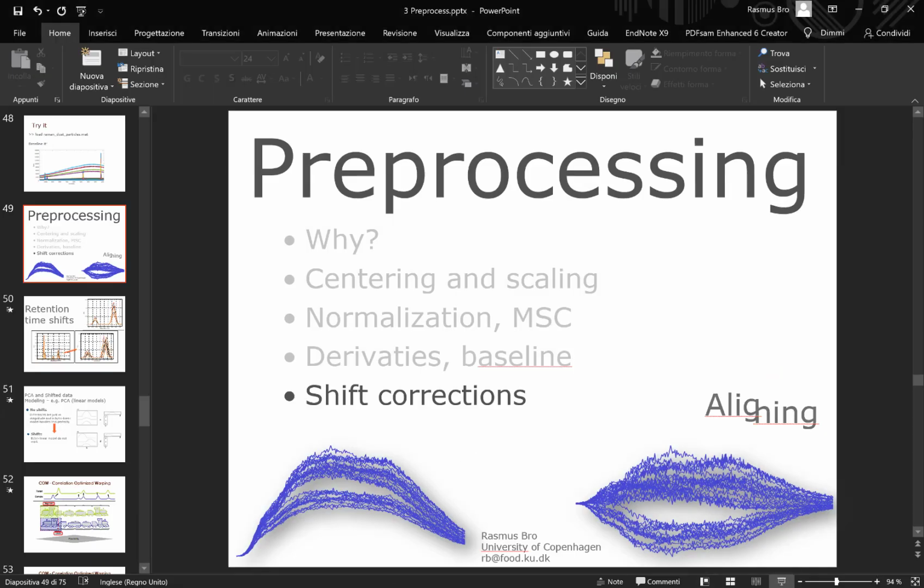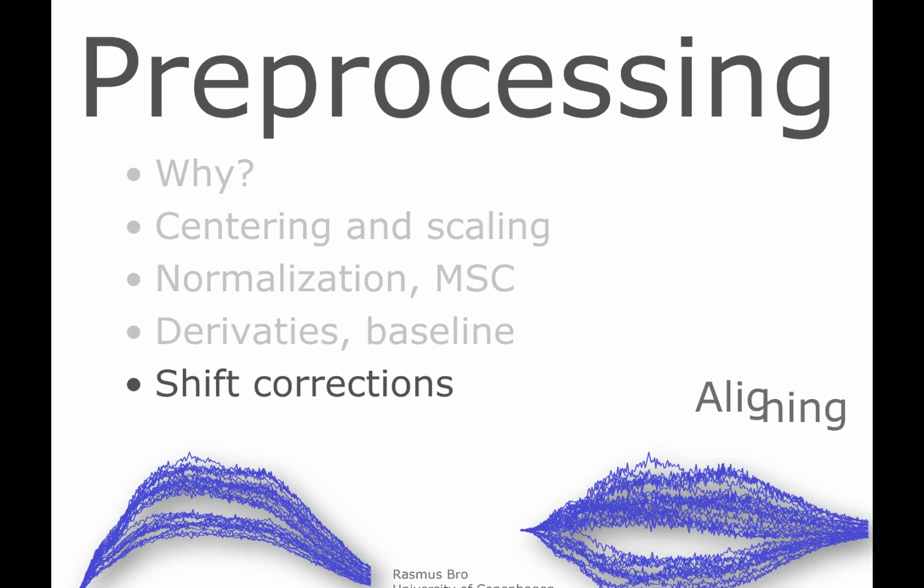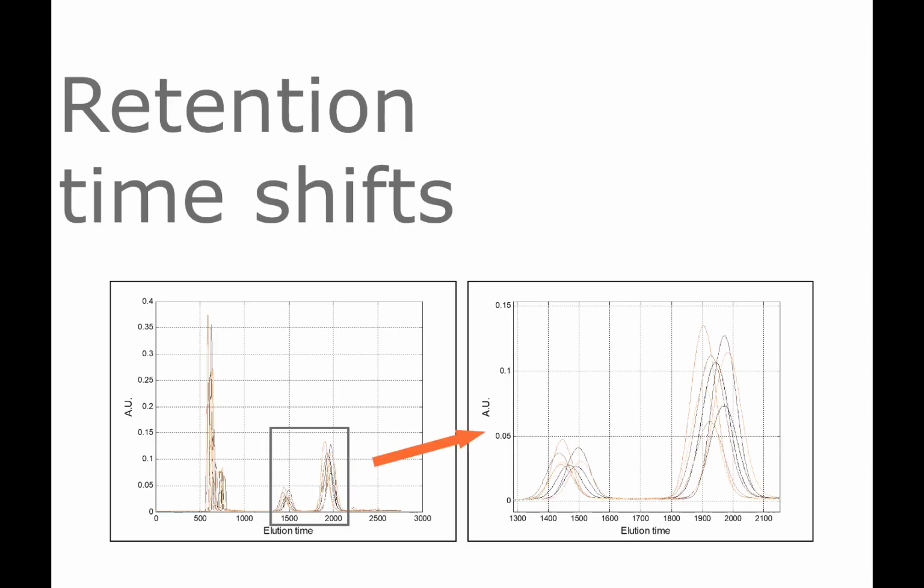In the last two videos, we're going to end the pre-processing by talking about what is called shift correction, or warping, or aligning, which incorporates a lot of different methods, but we're mainly going to focus on one, namely correlation optimized warping.